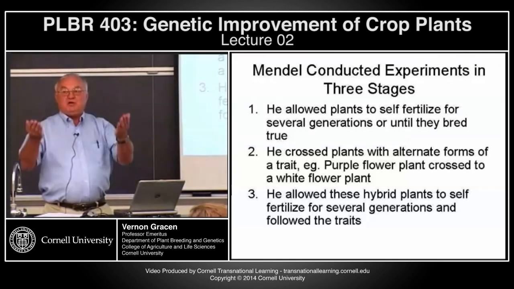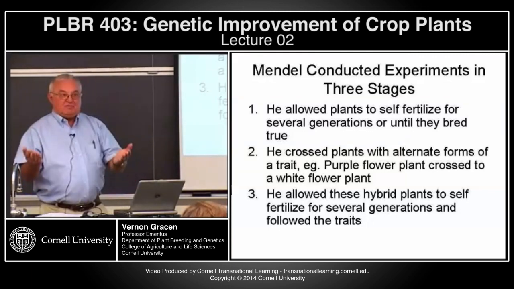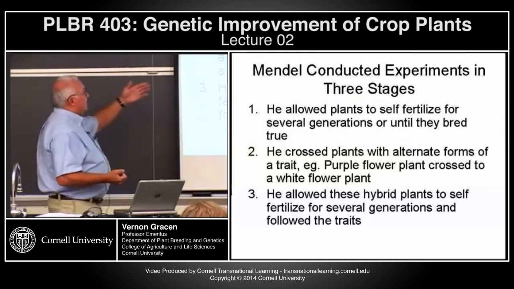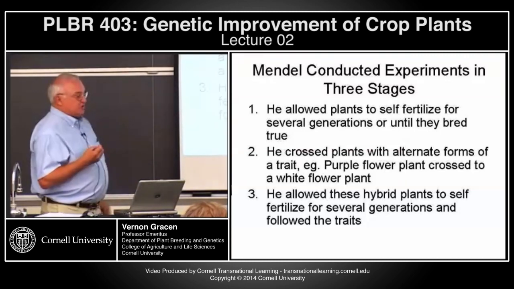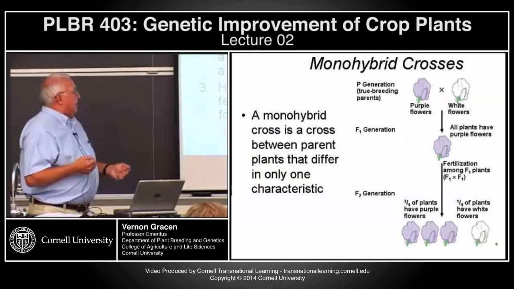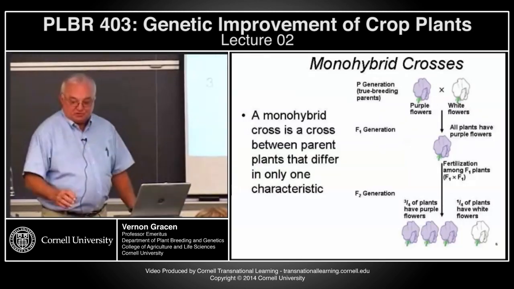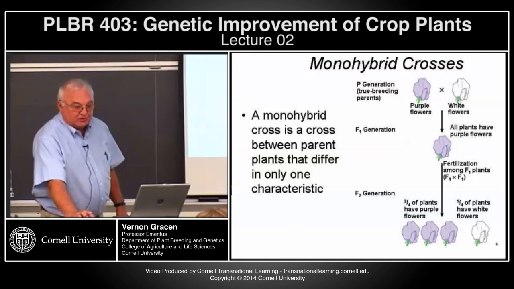So they were true breeding. They were inbred, or very homozygous in nature. He made the cross between alternate forms of a trait, purple flowered versus white flowered, and then he allowed those cross plants to self again for several generations, and he looked at the results.